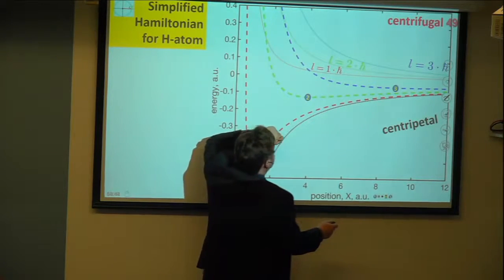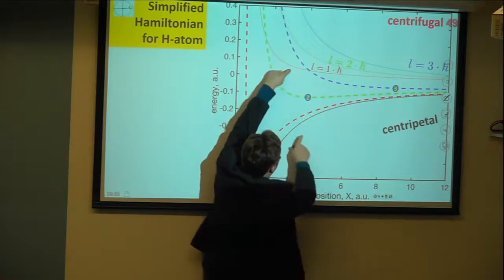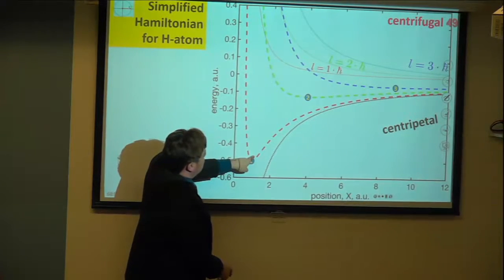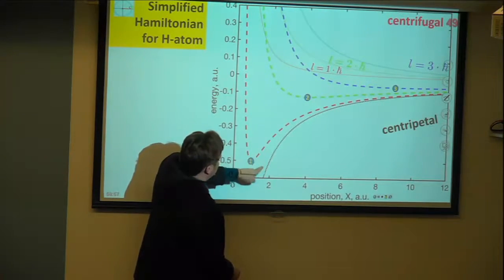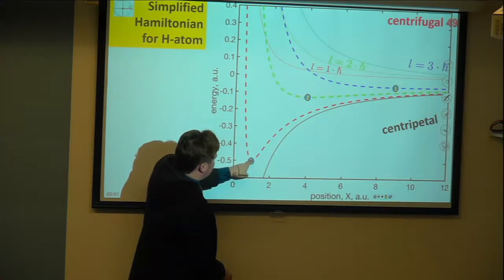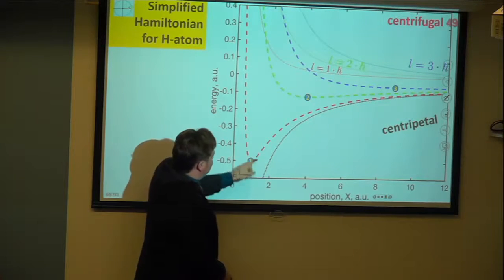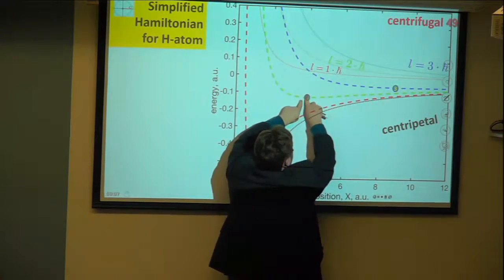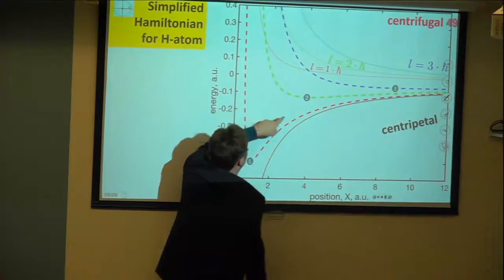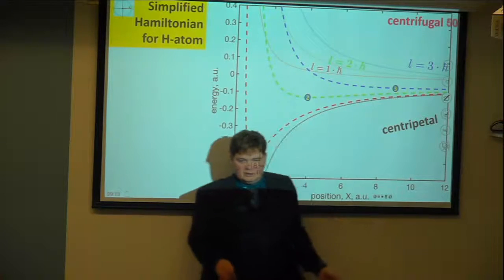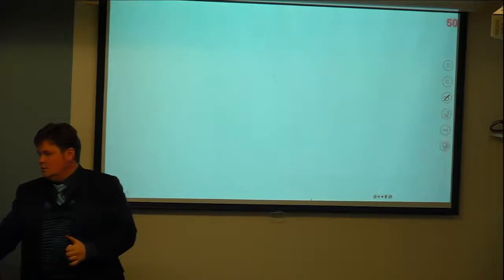When we need to find overall potential, we add together this black and this red will give this red. So at some point, the attraction and repulsion compensate each other, and there will be minimum at 1. If we have stronger repulsion, it will be this curve, with minimum at about 4. If it rotates even quicker, the minimum will be at 9.